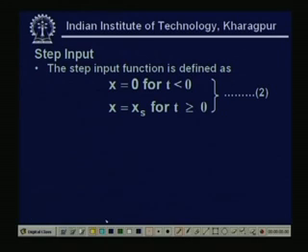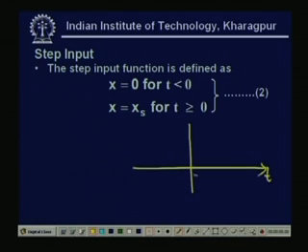It looks like my input, if I plot it on the time axis, looks like this, then suddenly it goes up. This is my input. So at t less than 0, x is equal to 0, and for t greater than 0, x is a constant, xs.